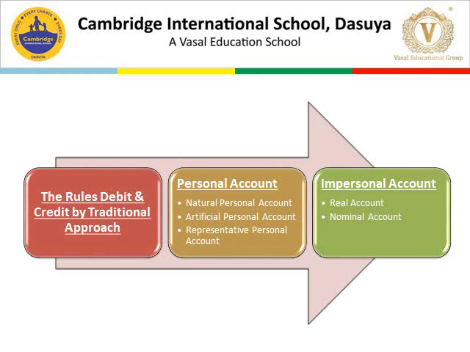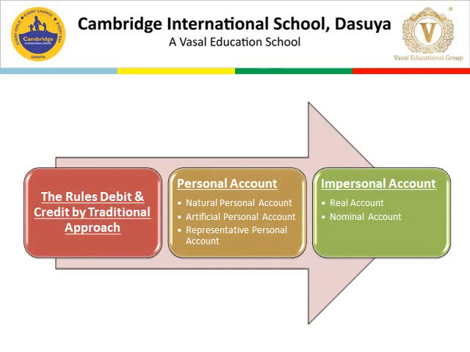And it can be any business, a small business or a large business. For example, Tata Industries, Reliance Industries, Punjab National Bank, State Bank of India, Cambridge International School, Chandigarh University, etc. are artificial persons.